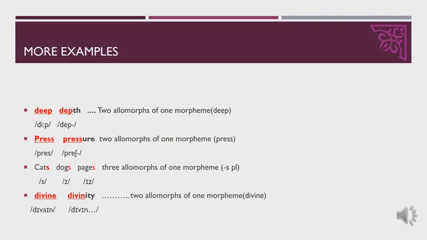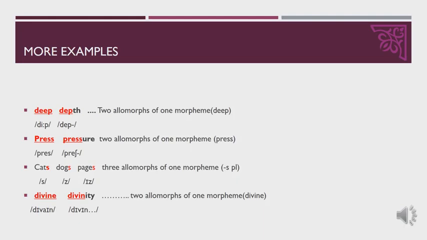The second example is press. This is a morpheme. It is a free morpheme and it is a verb. This morpheme is pronounced as press. So press is the allomorph of this morpheme, the pronunciation of this morpheme, press.